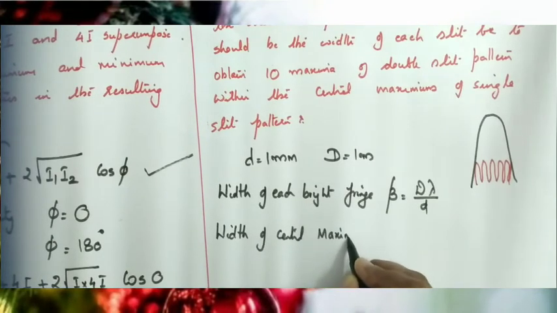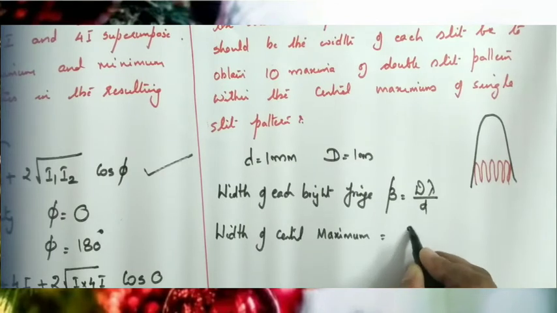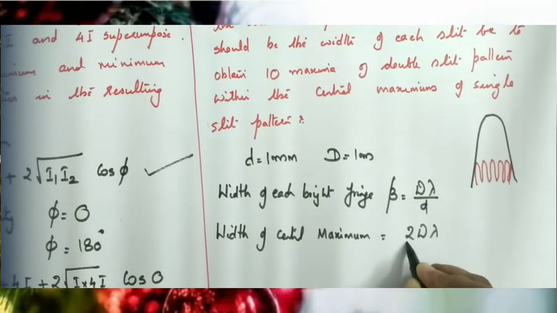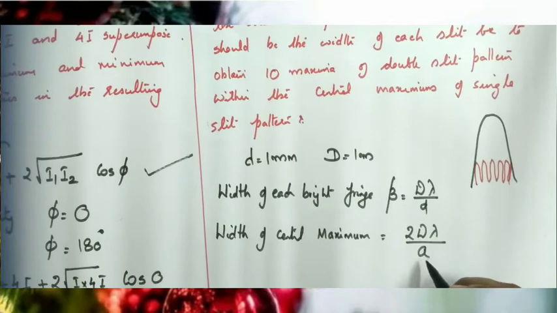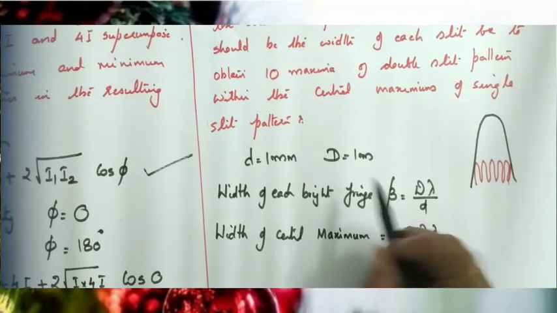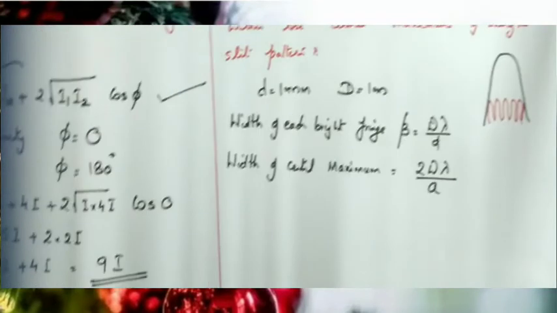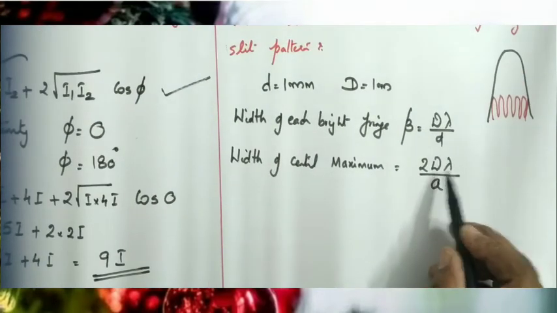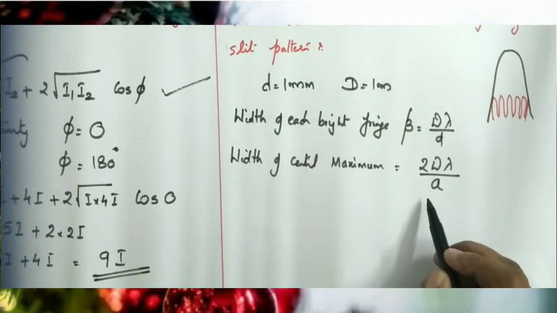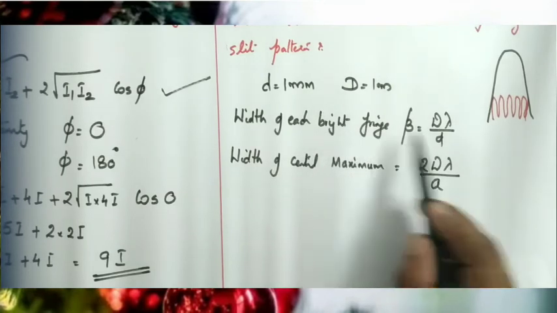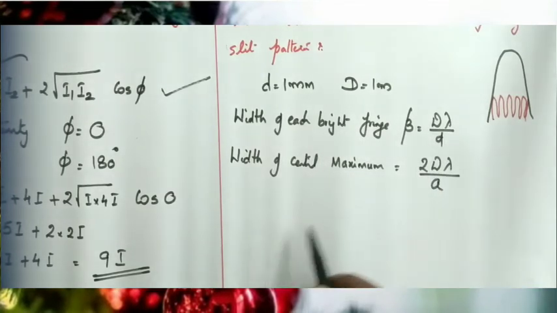We know the width of the central maximum is equal to 2 D lambda by A. A represents the width of the single slit, and small d represents the distance between the two slits. Okay, children, so the width of the central maximum is 2 D lambda divided by A, and the width of each bright fringe is beta equal to lambda D by d.